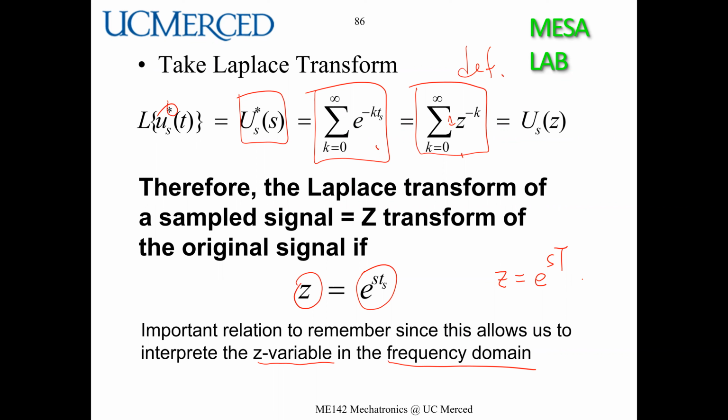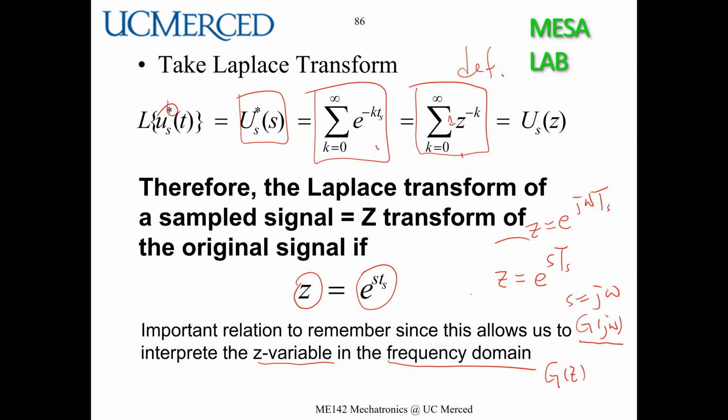So this allows us to interpret the z variable in the frequency domain. Say, for example, when s is j omega, I have G(j omega), so I can do frequency analysis based on that. But what if I have G(z)? Don't worry, I just set z to e^(j omega T_s).